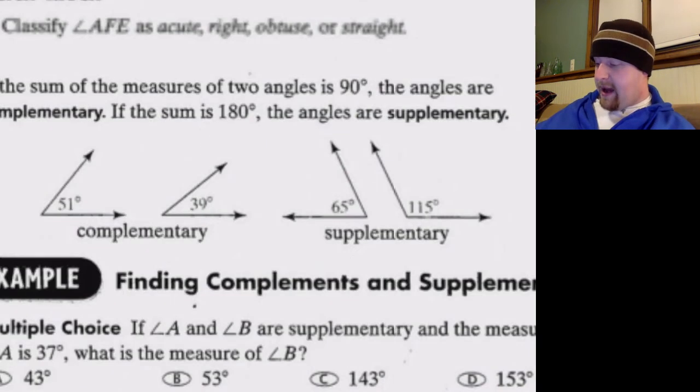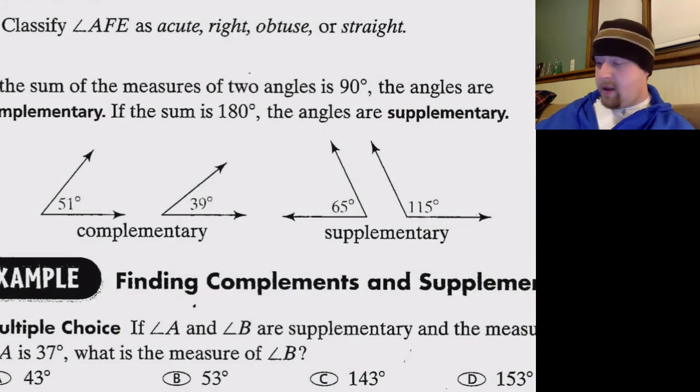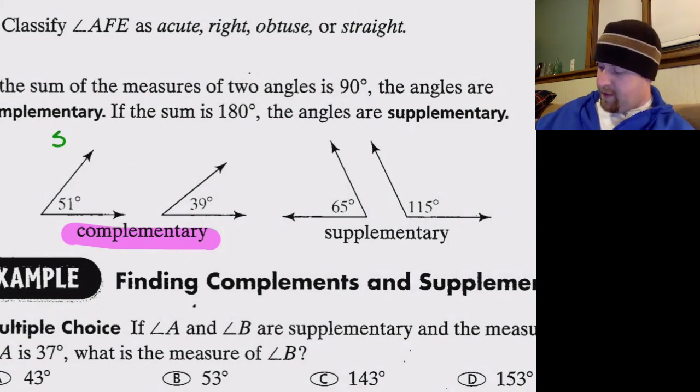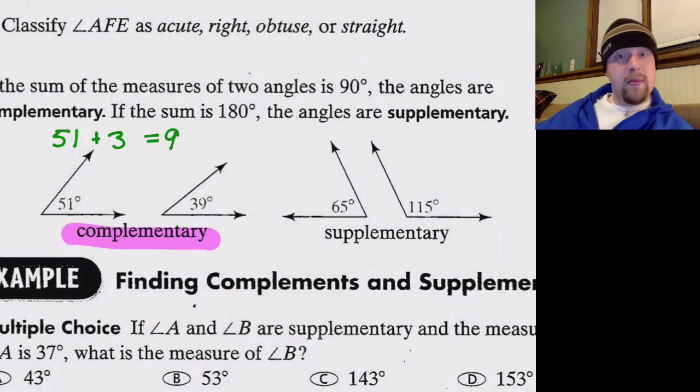We also have angles that are complementary and supplementary. Complementary angles add up to 90. So if you do the math right here on this page, 51 plus 39 equals 90.